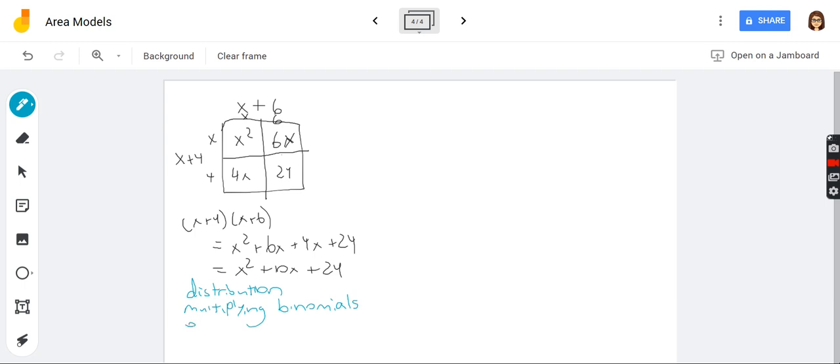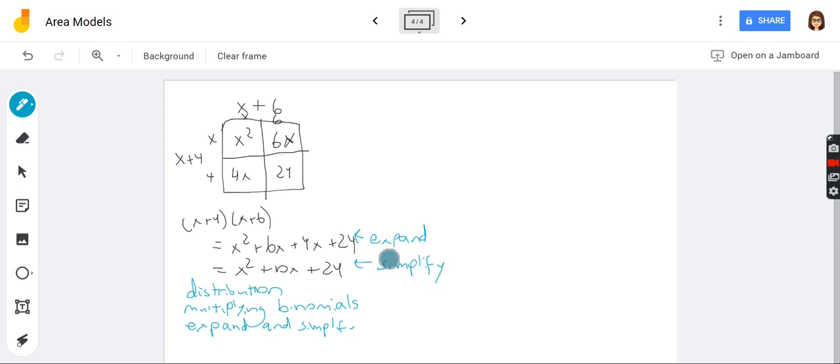Now, it's also called expanding. I'm going to call it expand and simplify, because here is the part where I expand, and then collecting the like terms is the part where I simplify.